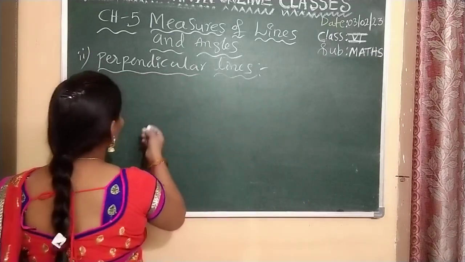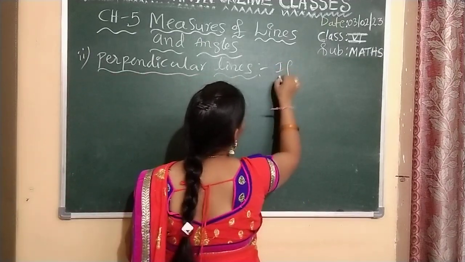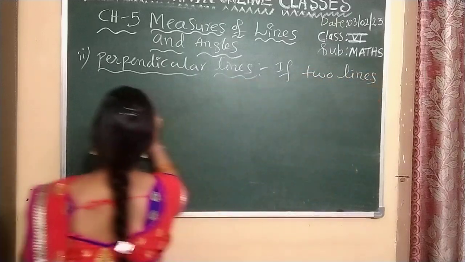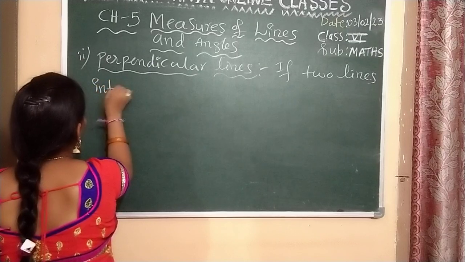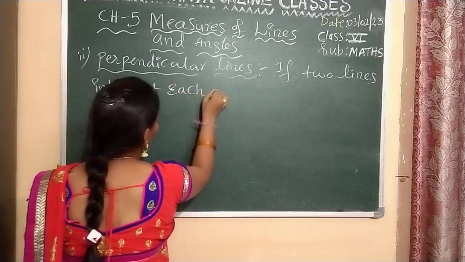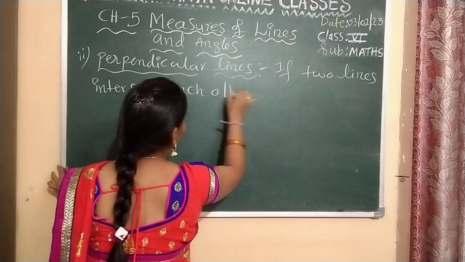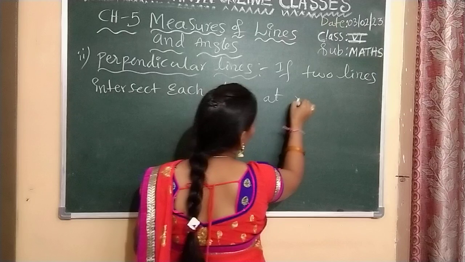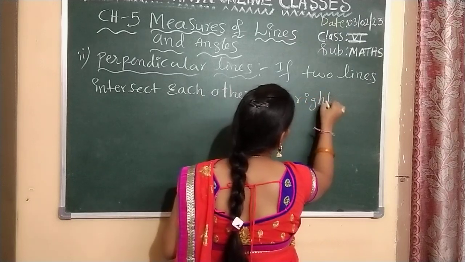If two lines intersect each other at a right angle, this is very important, at a right angle.